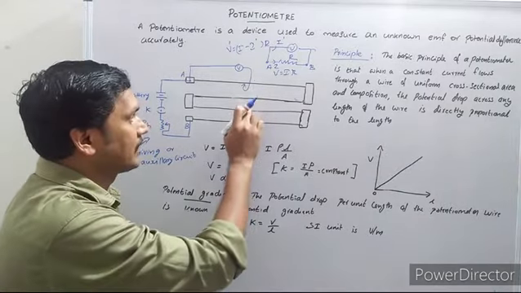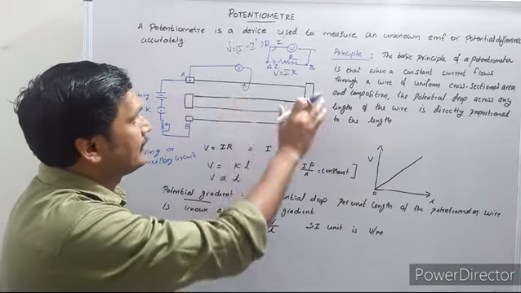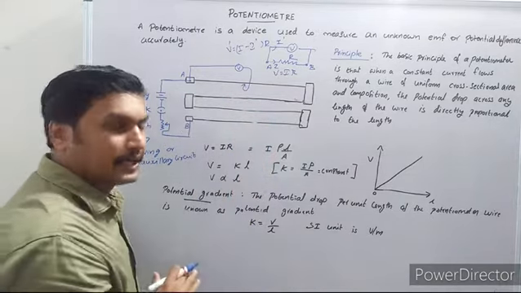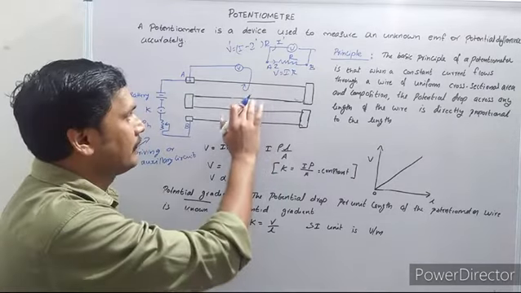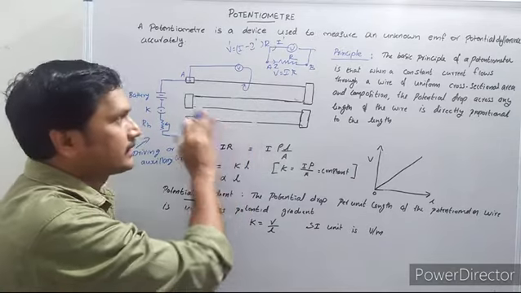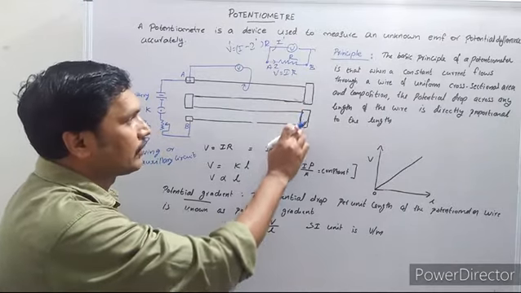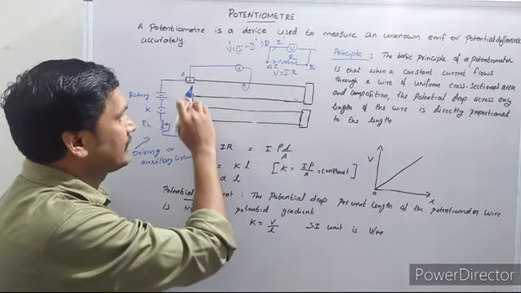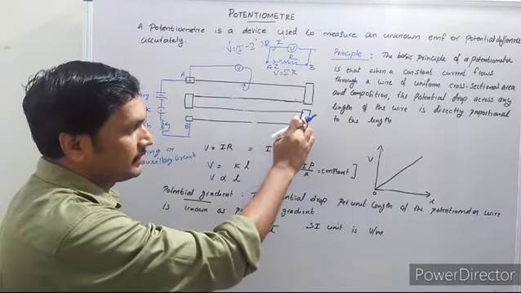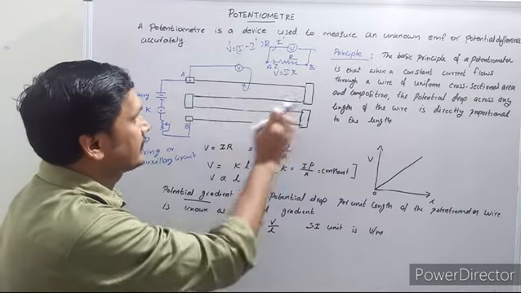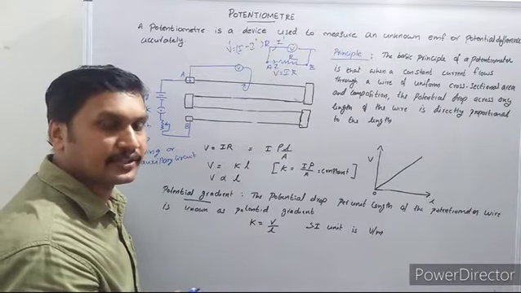The 4 separate 1 meter wires are placed parallel and fixed on a wooden board, and these wires are connected using copper strips. The resistance of the copper strips is very small, so we can consider it a 4 meter continuous wire having uniform area of cross section.